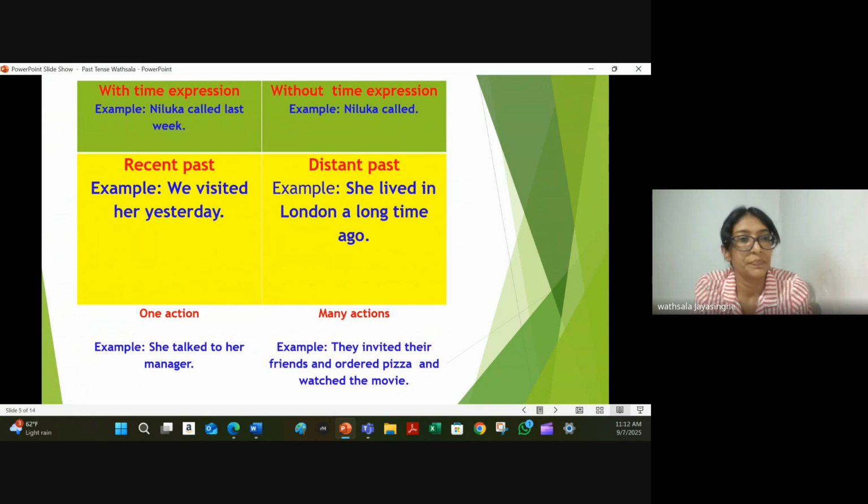So we can make sentences with time expressions or without time expressions, and we can make sentences in recent past and distant past, one action and many actions. With the time expression, for example: Niluka called last week. So we have a time.